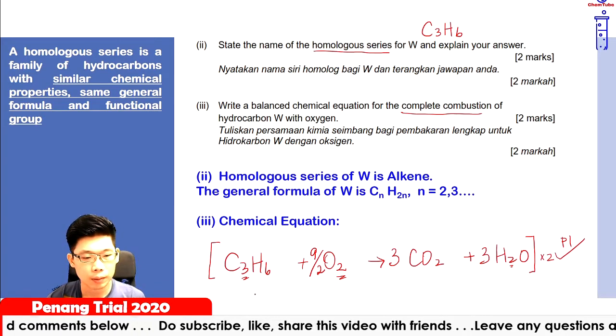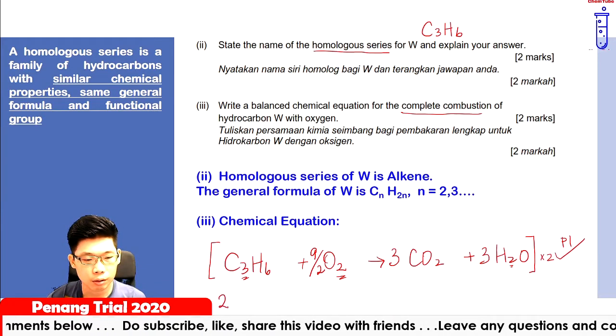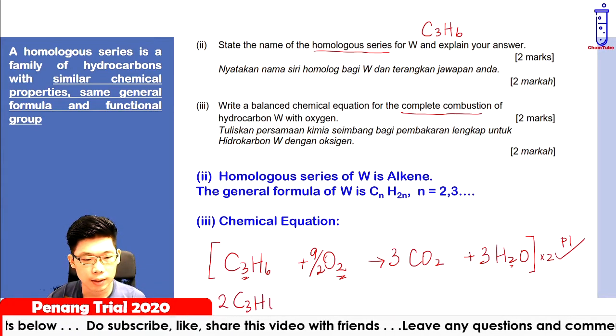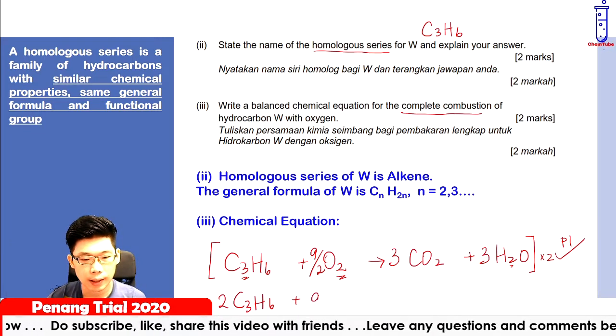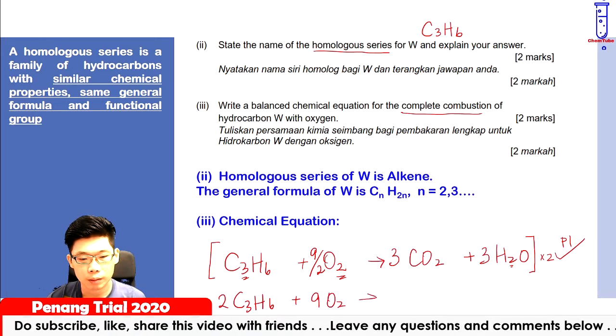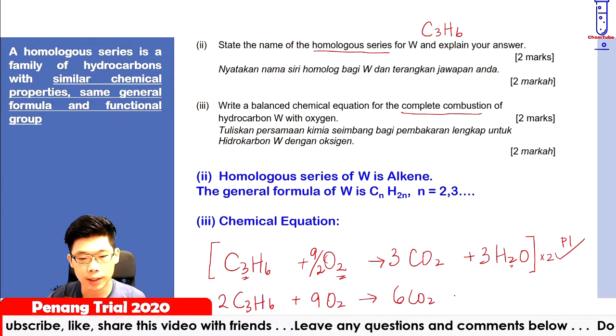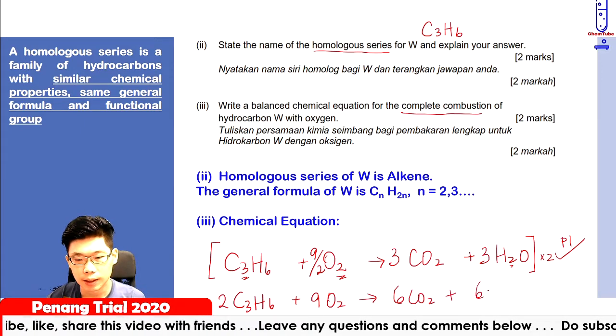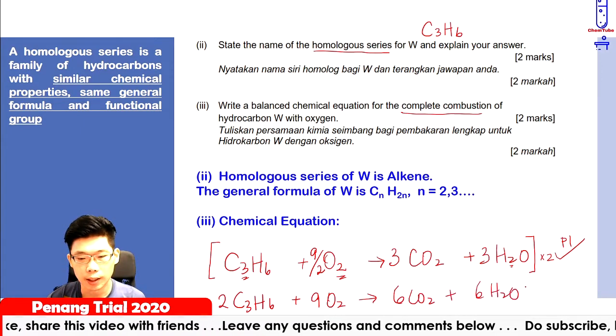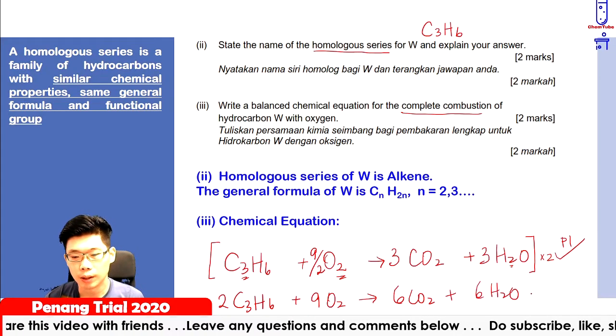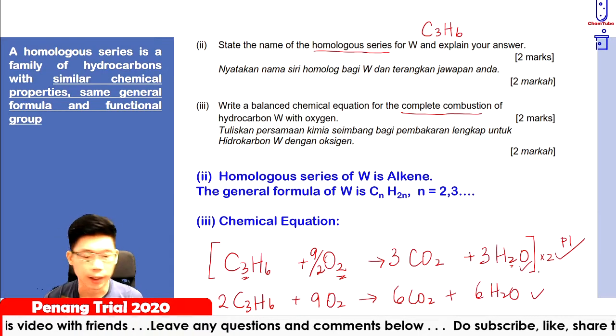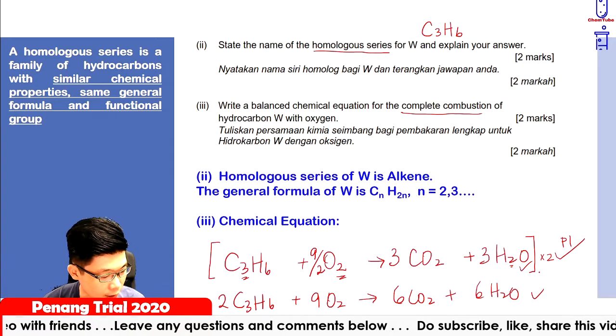So in other words, you have 2C3H6 plus 9O2 produce 6 carbon dioxide and 6 water. You can also write like this. Both equations here are correct.